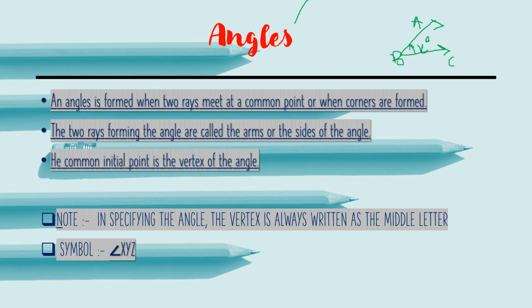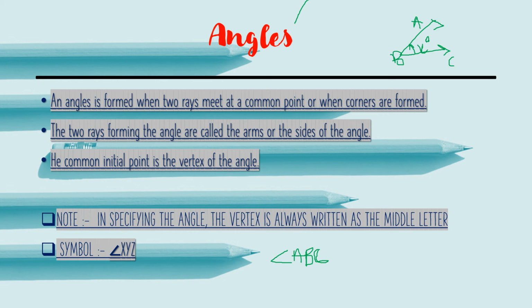Note that in specifying an angle, the vertex is always written as the middle letter, and the symbol is this small angle symbol. How do we denote it? A, then the common initial point B, and then C. This is how we denote an angle.